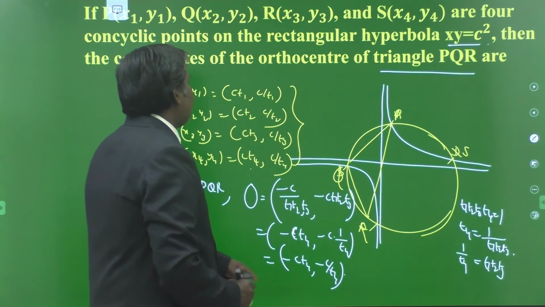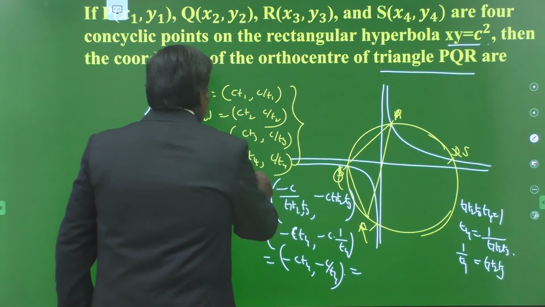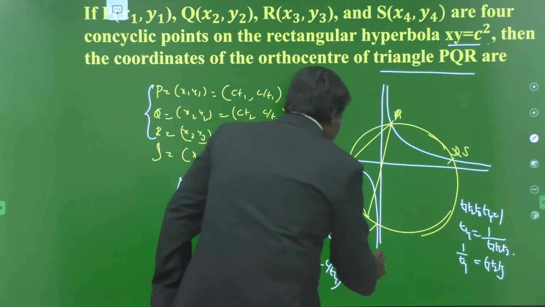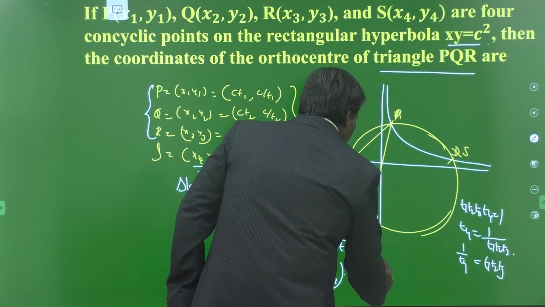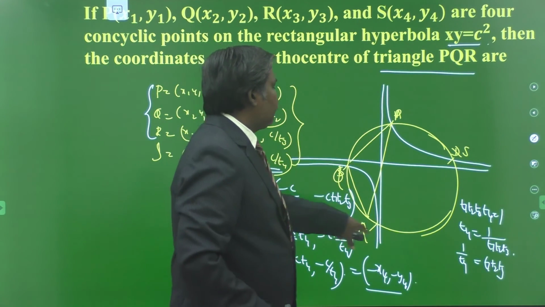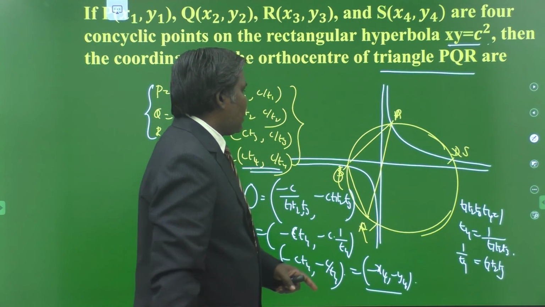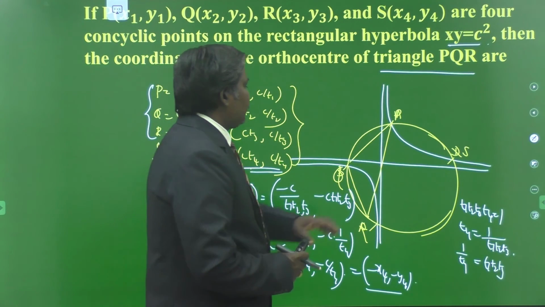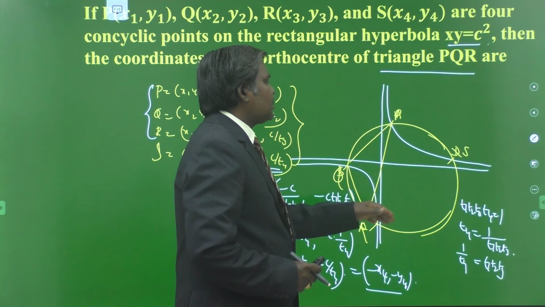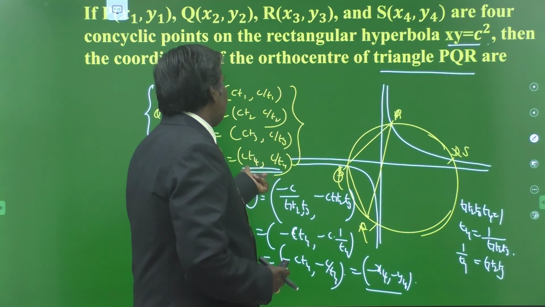So what is this? (-x4, -y4), because (ct4, c/t4) is nothing but (x4, y4). Therefore the orthocenter coordinates are (-x4, -y4). See the magic. The circle intersects the rectangular hyperbola at 4 points PQRS. Then the orthocenter of the triangle formed by any 3 points is nothing but the negative of the fourth point of intersection.